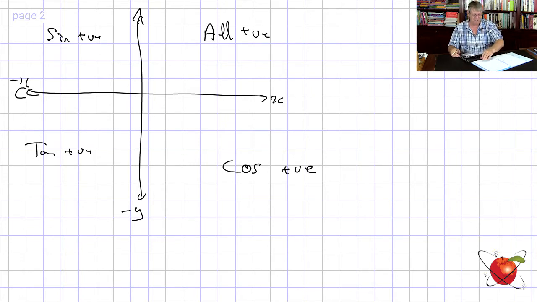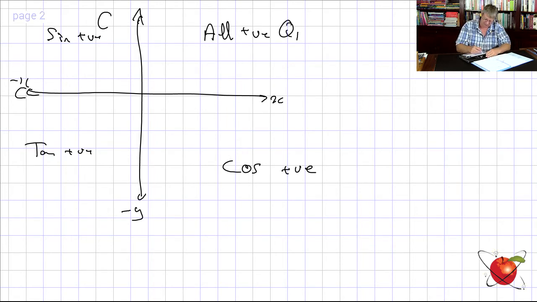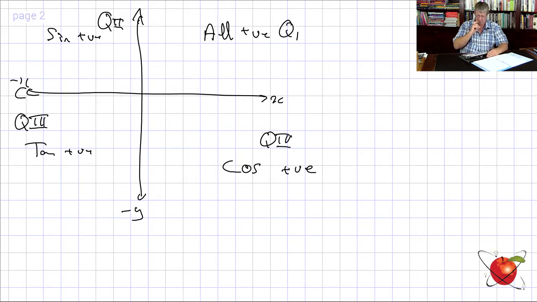So therefore, if you look at it, you've now got those quadrants, right? And we now know that in quadrant 2, for example, this is quadrant 1, quadrant 2, quadrant 3, and quadrant 4, right? We can now say, any angle I drew up there, I know that the sine, the cos, and the tan are all positive of that angle there.